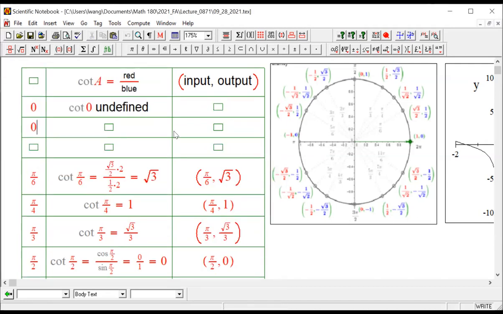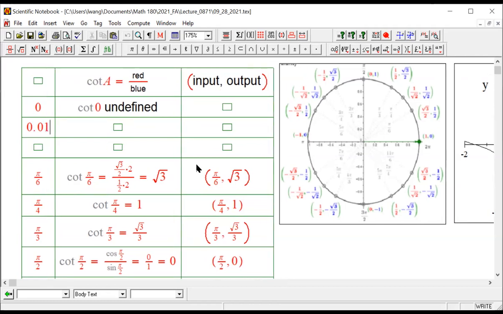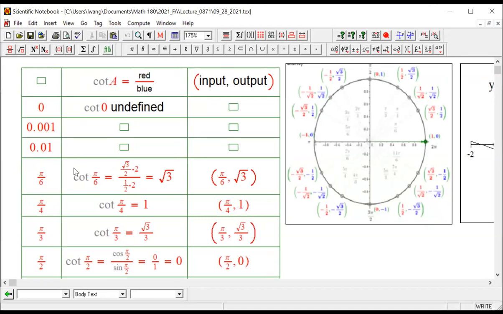Yes, it is undefined, but what if we get closer and closer to it? What if we get 0.01, from 0.1 to 0.01? So we're getting closer and closer to zero. What happens? Or 0.01 and 0.001 in radians. So what would be cotangent of 0.001?